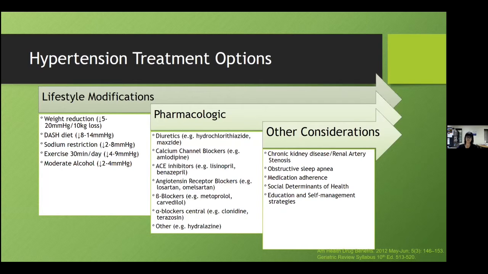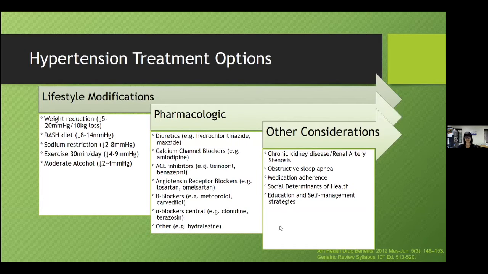Even the alpha-1 blockers like terazosin, which are typically used for BPH, and alpha blockers in general should not be one of the first medications we reach for in most of our older adults, again thinking through that side effect profile.